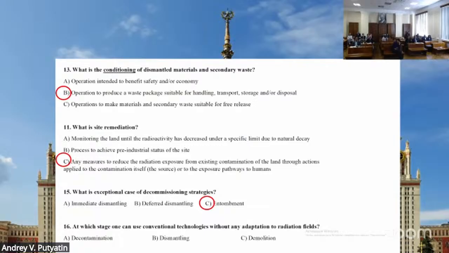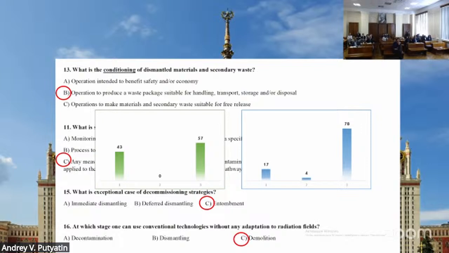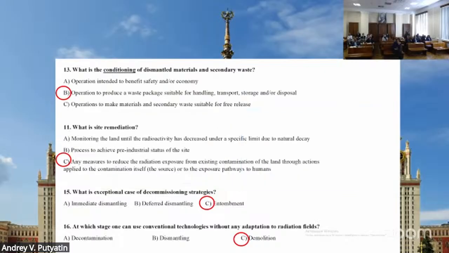After checking the answers, I realized that the question should be more specific, and maybe I should add the word "only": maybe one can use only conventional technology, because the correct answer here was demolition. Sometimes dismantling can also use conventional technologies. But for demolition, it is absolutely sure that at this stage we can use conventional technologies. So again, quite a big progress in the correct answers.